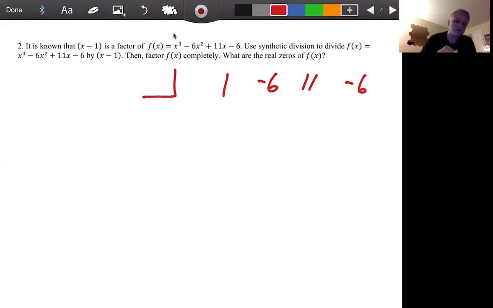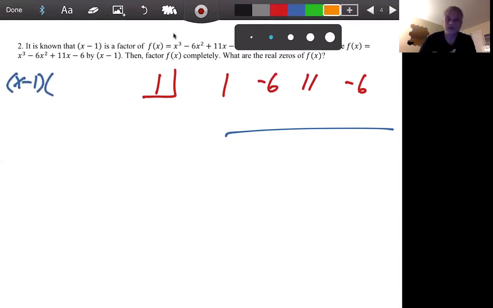X minus 1 is a factor, so 1 is a zero. All right, so we are going to take this lovely polynomial and we're going to factor it down. We already know that x minus 1 is a factor. Okay, so let's do our synthetic division.